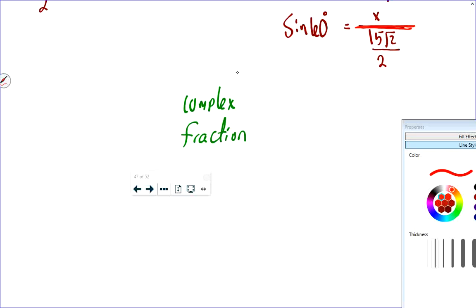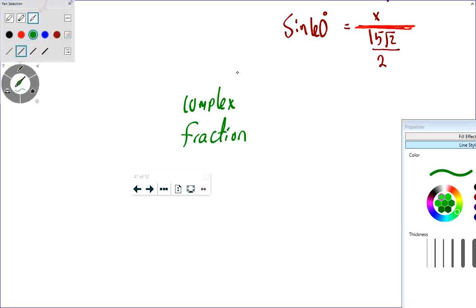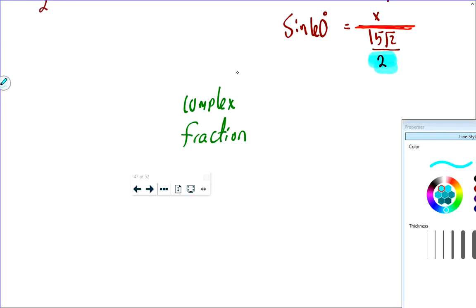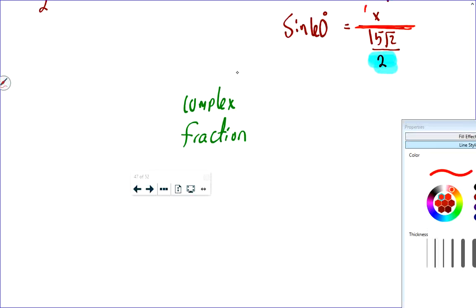I call this thing a mini denominator, and it's a problem. It's got to go. We don't like mini denominators, whether they're in the numerator or denominator. And we can get rid of a mini denominator by multiplying the top of the entire fraction and the bottom of the entire fraction by that denominator we want to get rid of.